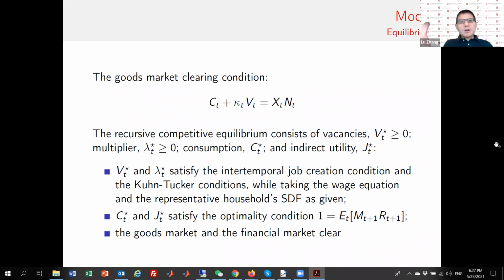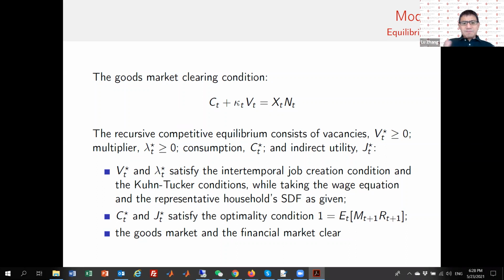All right, so the goods market clears, which is output equals consumption plus total vacancy costs. Then there's no capital, there's no investment, so that doesn't show up in the equilibrium condition. So the recursive competitive equilibrium is fairly standard.